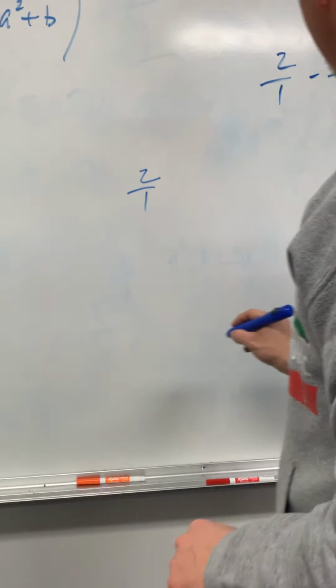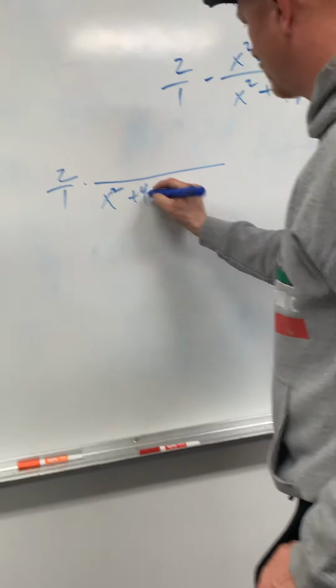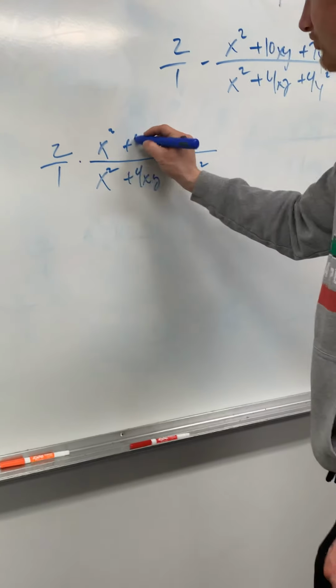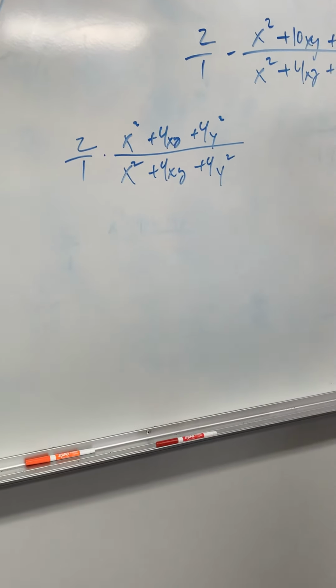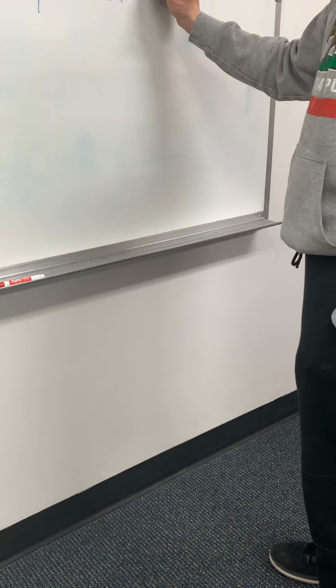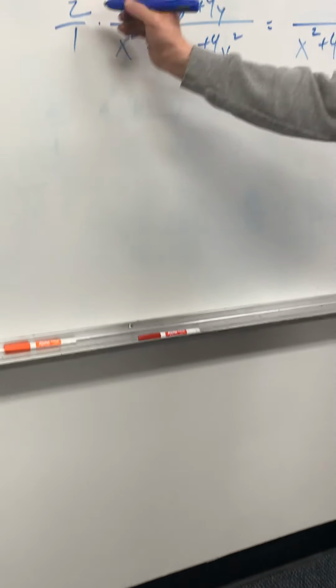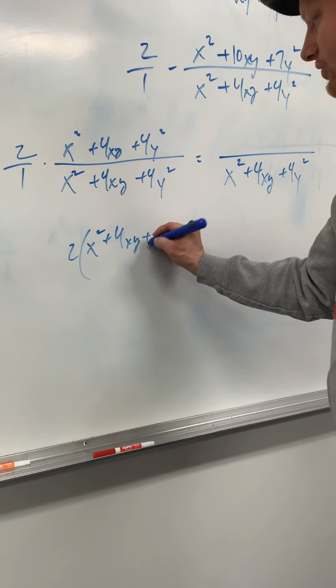So 2 over 1 times, okay, remember, x squared plus 4xy plus 4y squared. Okay? Now, what does that give me when I do that? That gives me, in my denominator, exactly what I needed, right? So x squared plus 4xy plus 4y squared. Okay, now we're going to take 2 times x squared plus 4xy plus 4y squared.